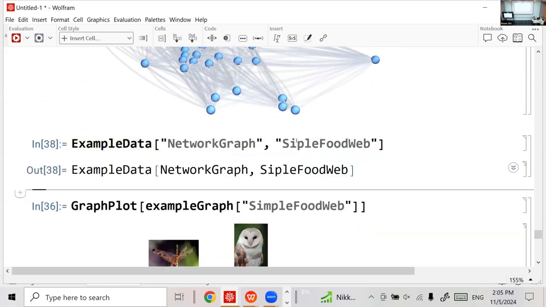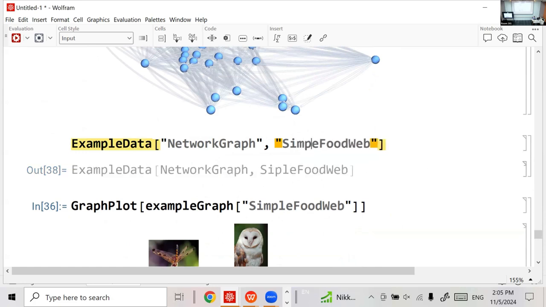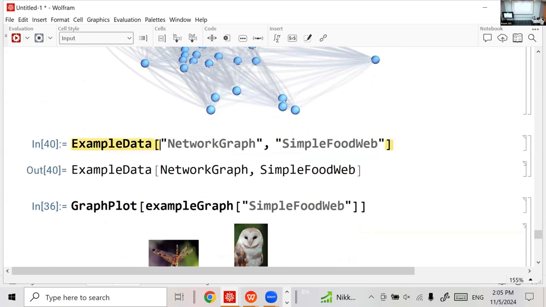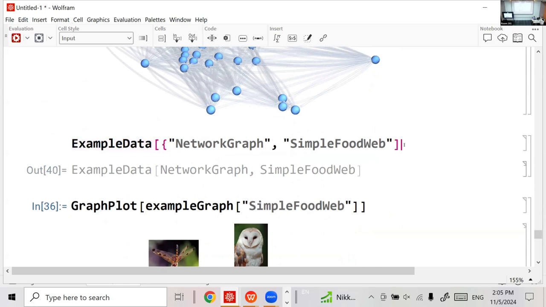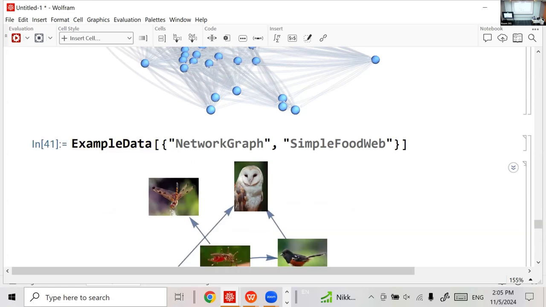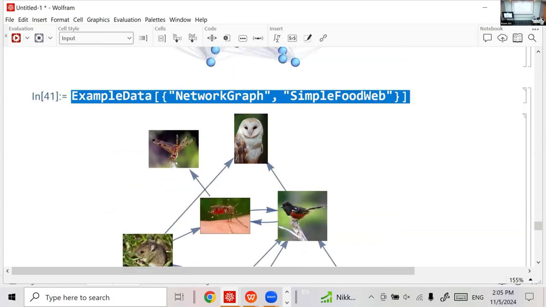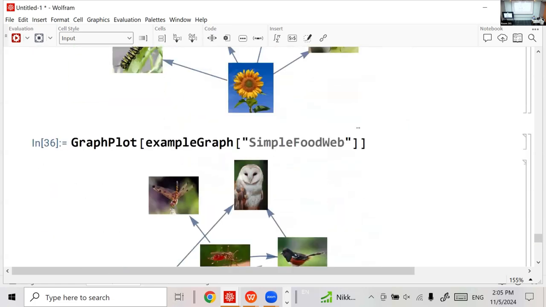Oops. Okay. Oh, forgot the bracket. Okay, so that's this thing. Okay, now the same thing.